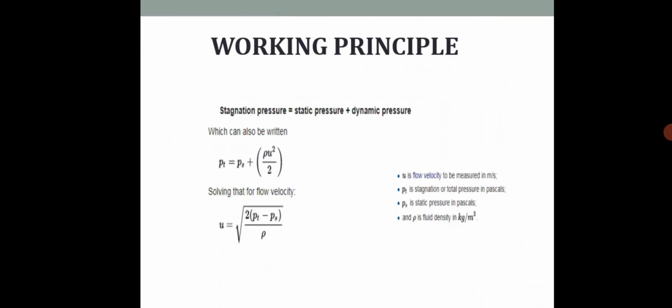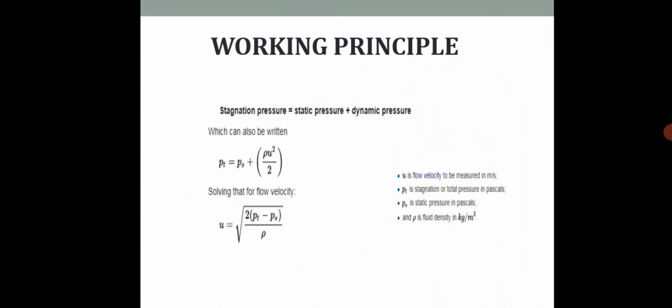The working principle is that stagnation pressure is equal to static pressure plus dynamic pressure. We can write it as P1 is equal to Ps plus U square by 2g. Solving this, we find the flow velocity: U is equal to the square root of 2 into (P1 minus Ps), where P1 is the stagnation pressure, divided by rho, the density.